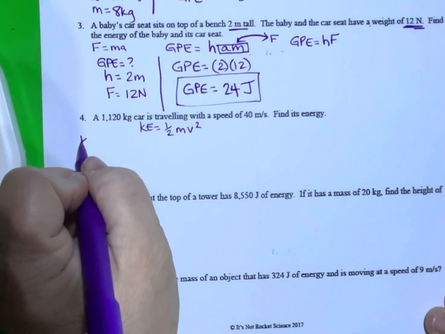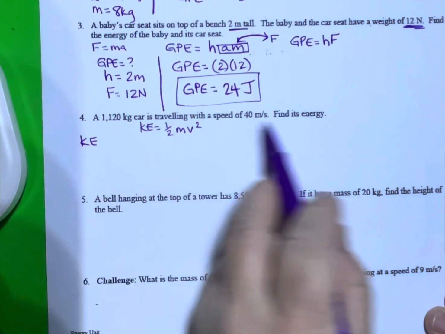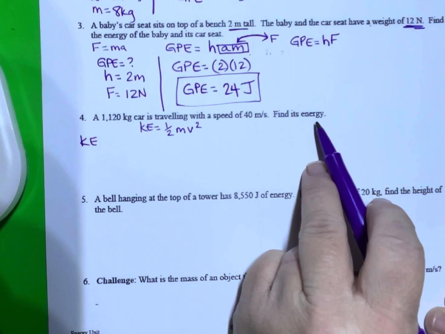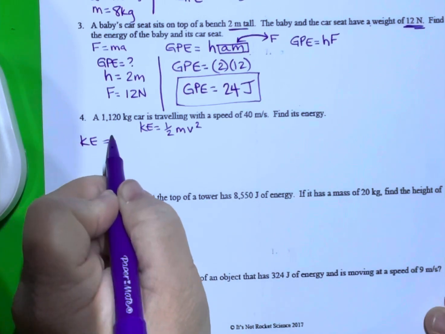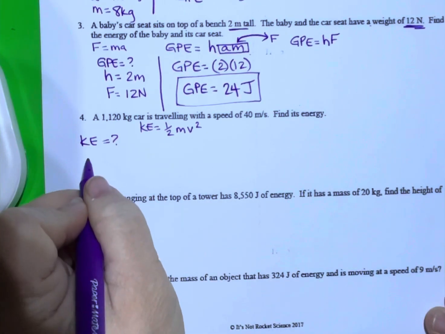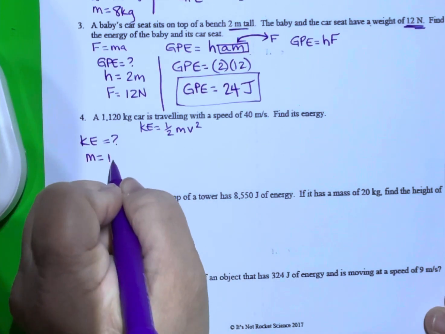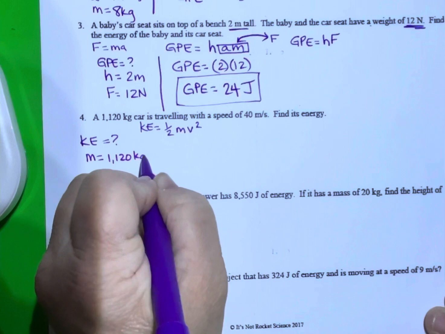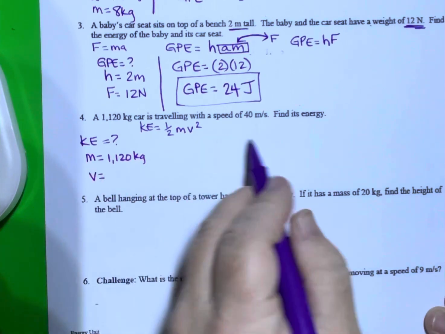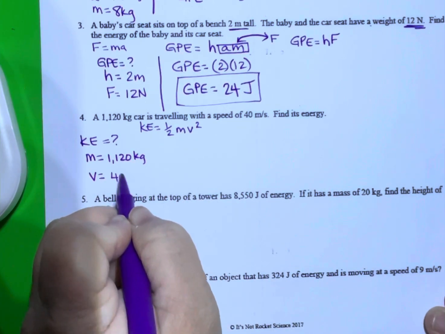So when we list what we know, kinetic energy, that's what we're trying to find, so we put a question mark. We don't know what that is. The mass of this car is 1,120 kilograms. And then the velocity is equal to 40 meters per second.